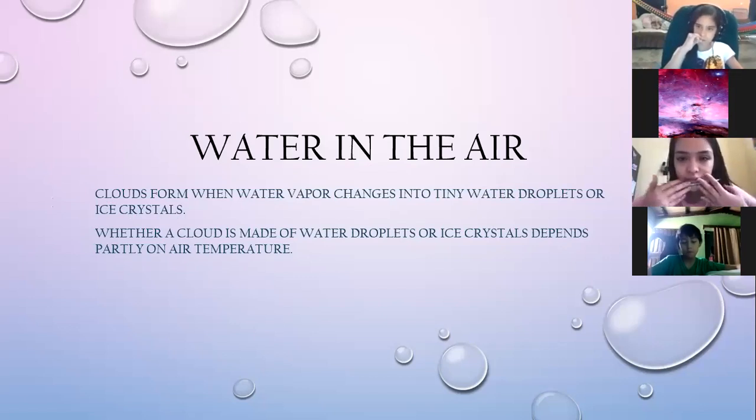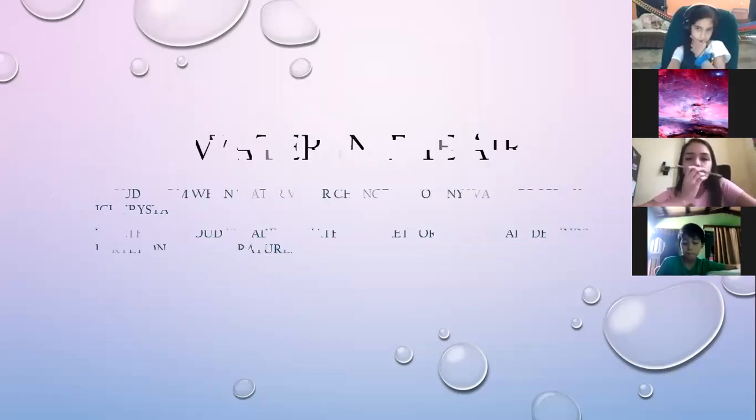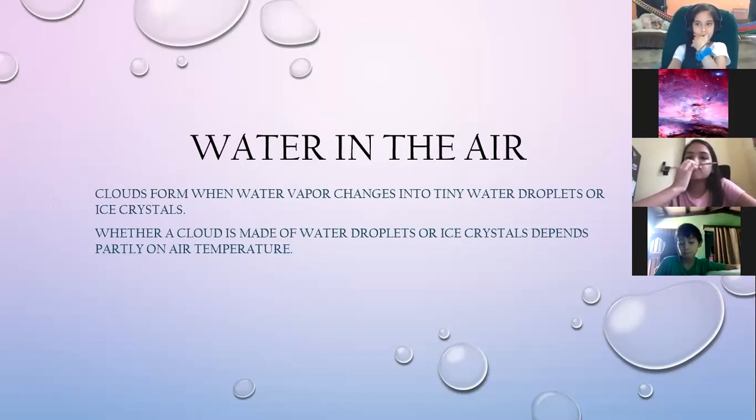Whether a cloud is made of water droplets or ice crystals depends partly on air temperature. Okay, now let's see the other one. We have precipitation. Jimena, read it, please.